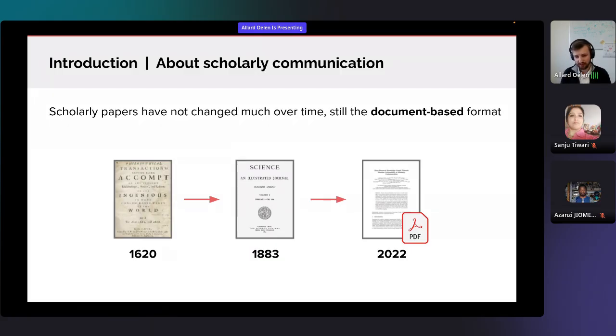It's still the same form, only now they are digital, which already improves things a lot. We don't have to go to the library anymore, but it's still cumbersome, and we are not really using the new technologies to make these articles, and especially the knowledge within the articles, more findable.